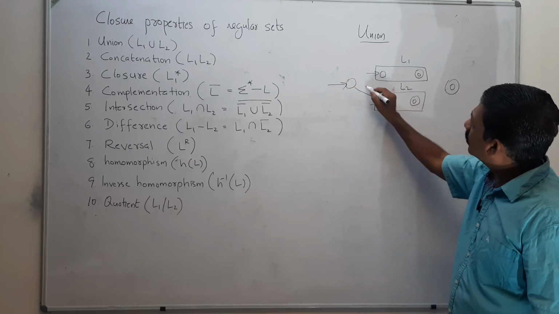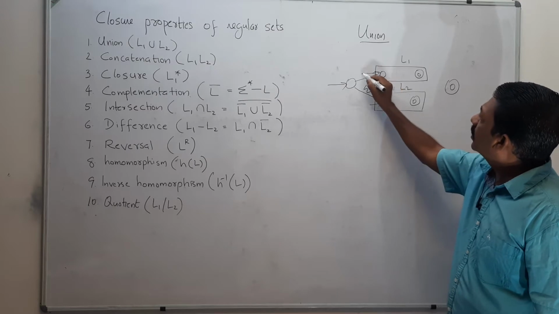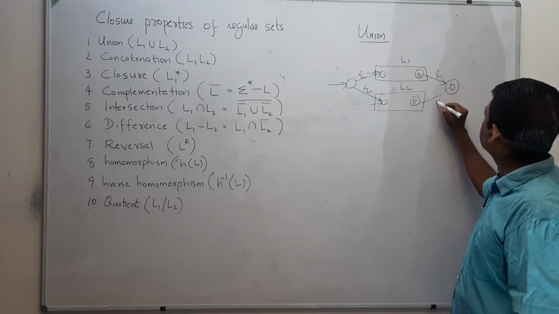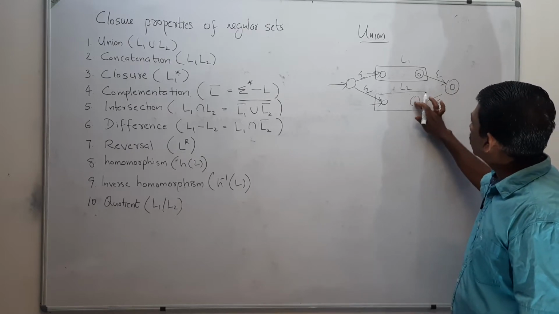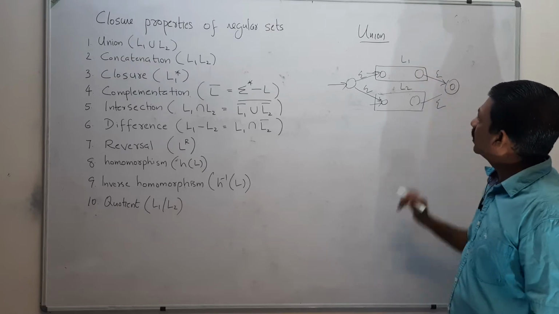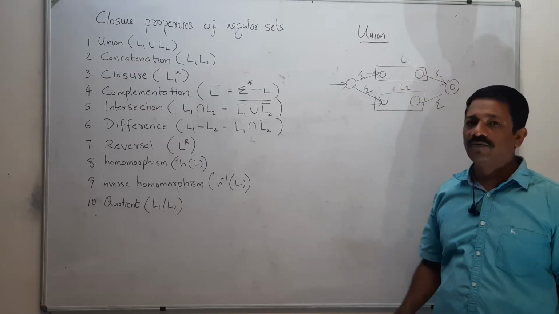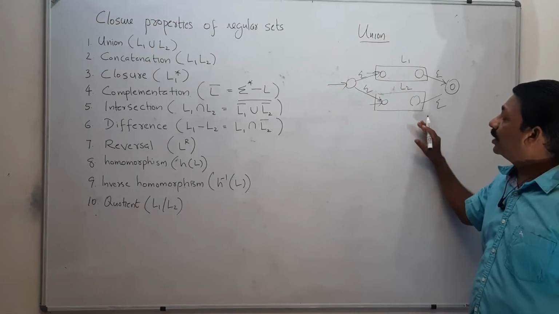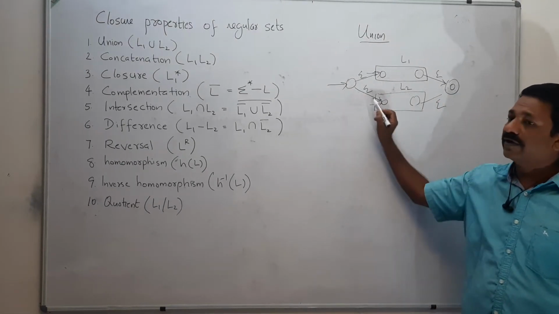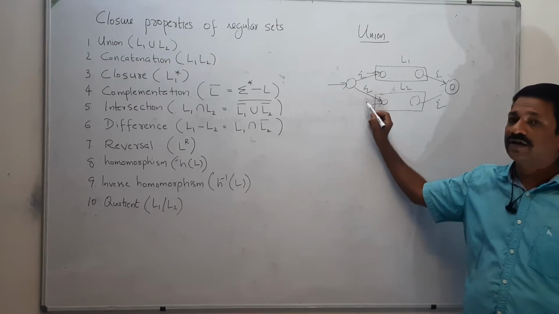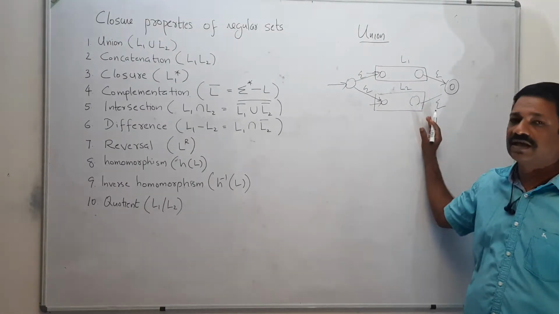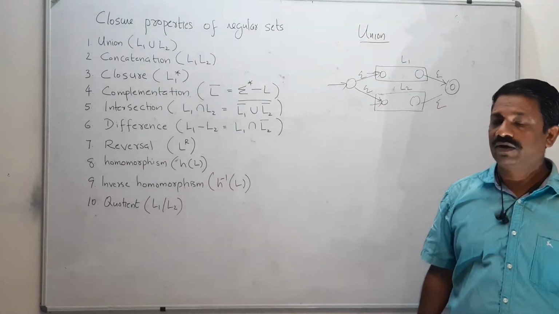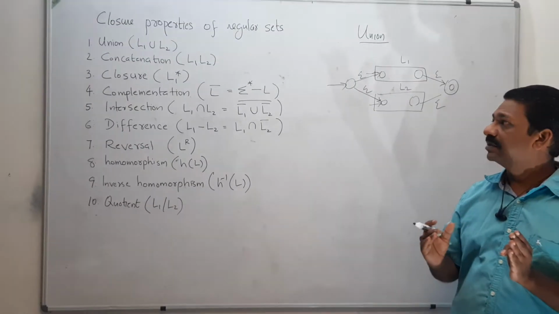From the new start state you have an epsilon transition to each of the two start states, and from each of the old final states you have an epsilon transition to the new final state, and make the old final states non-final. That means this is the finite automaton accepting L1 union L2. That means there is an NFA with epsilon transition accepting the same language, so L1 union L2 is also regular. That means the union operation is closed.